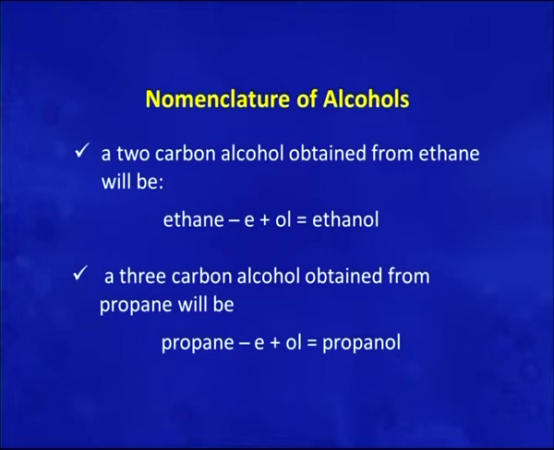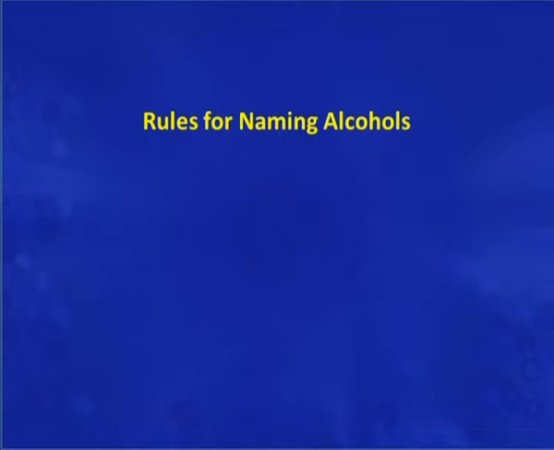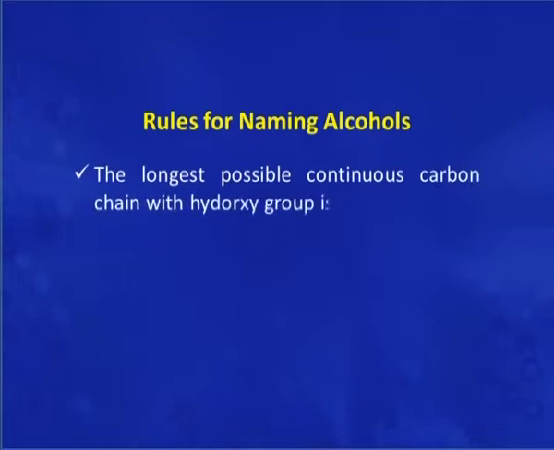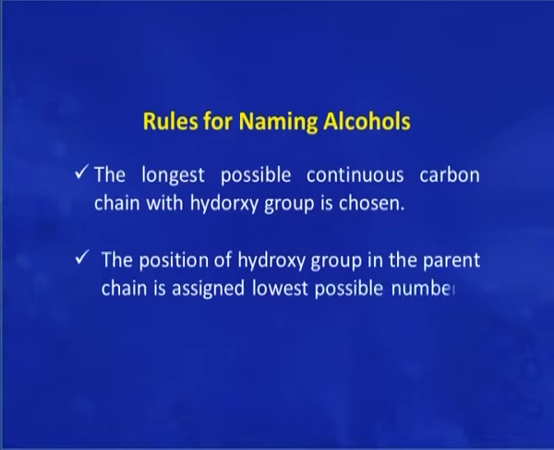We will now discuss some rules for naming alcohols. The first rule is that the longest possible continuous carbon chain with the hydroxy group is chosen. The second rule is that the position of the hydroxy group in the parent chain is assigned the lowest possible number.